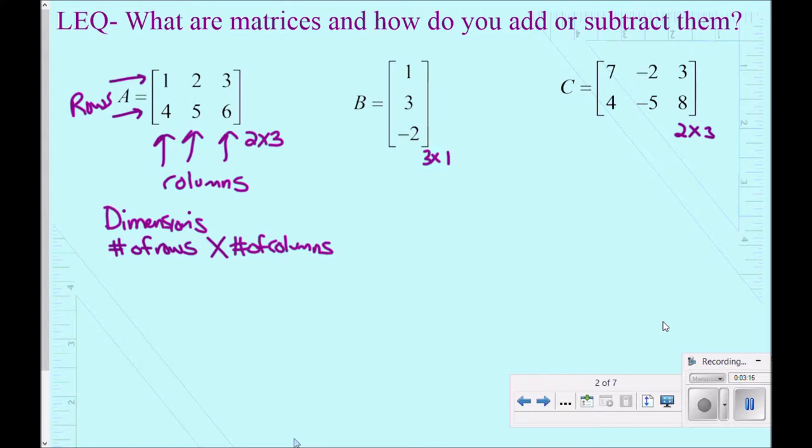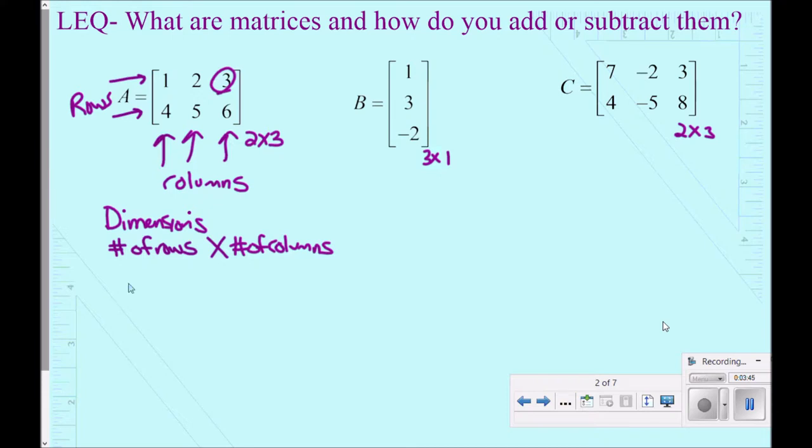Next, we talked about not only do matrices have dimensions, but we can look at a specific spot in a matrix. So let's say I'm talking about this number 3, for instance. Number 3 is in a specific spot in that matrix, and when we're labeling that spot or position, first of all, we use the letter that the matrix was named. So capital A represents the matrix itself.